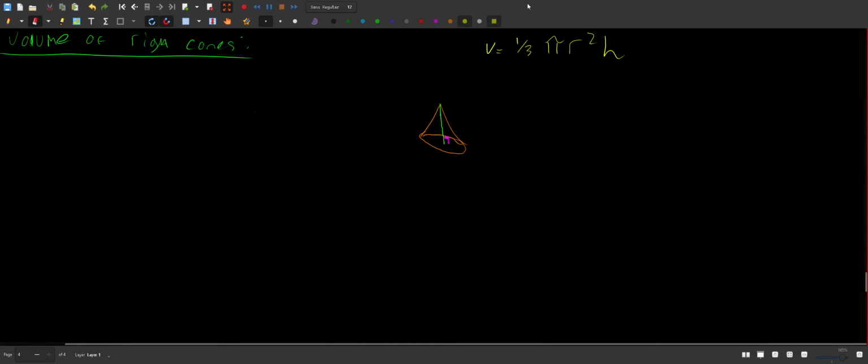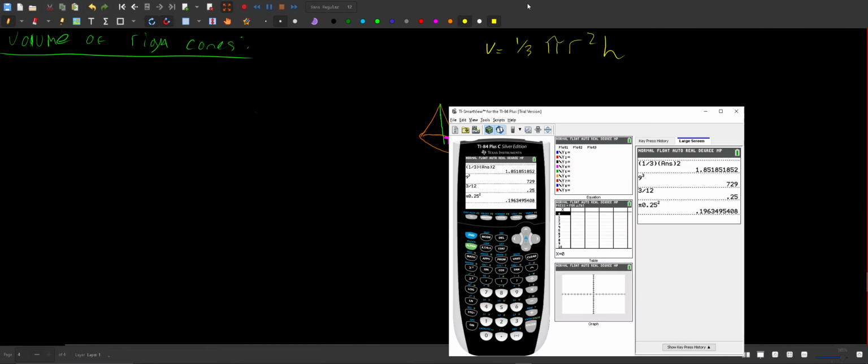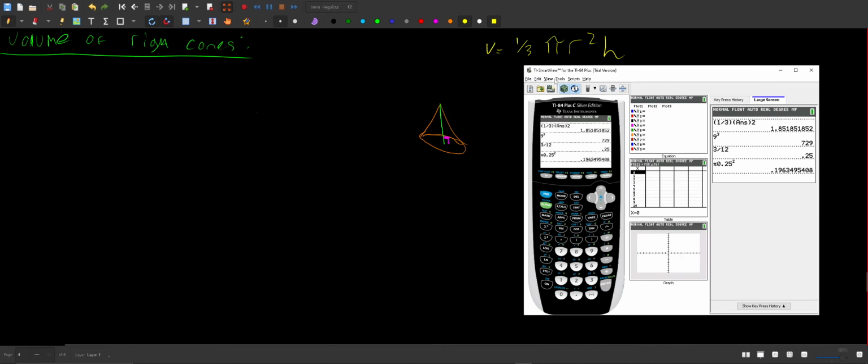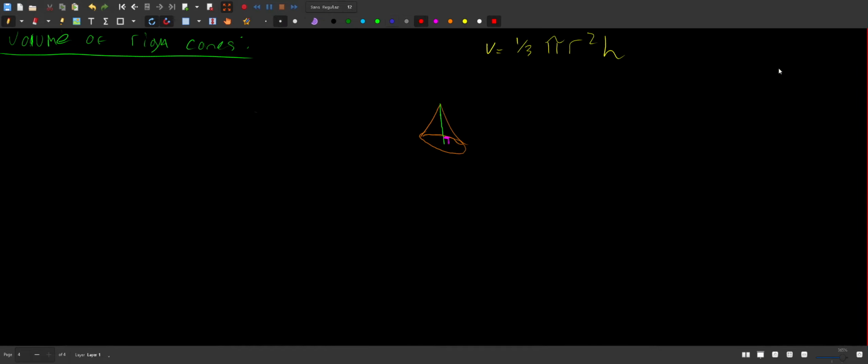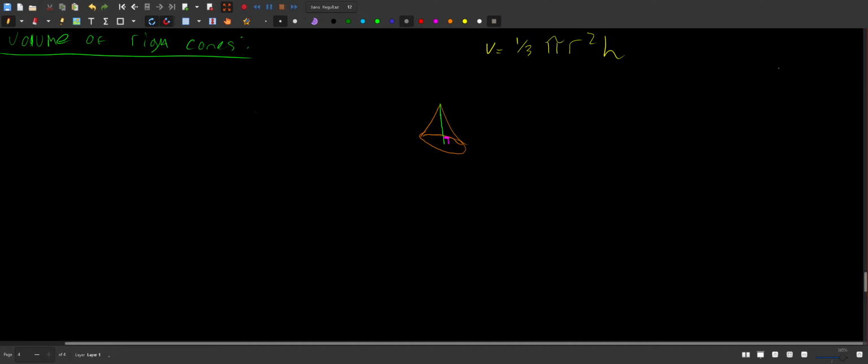So let's pull up the calculator here. Oh wait, I didn't plug it in. I didn't even make a number. All right, so we label this. The height is going to be equal to 15 inches, and make it difficult on us.